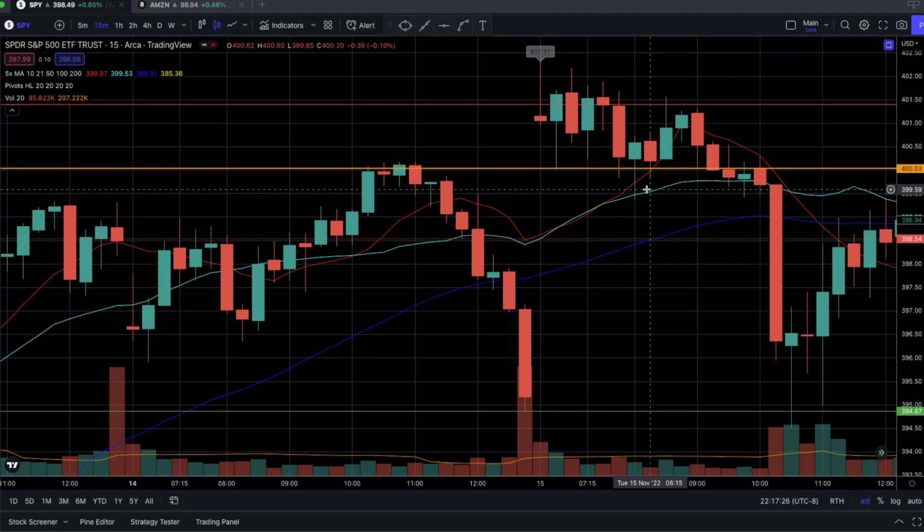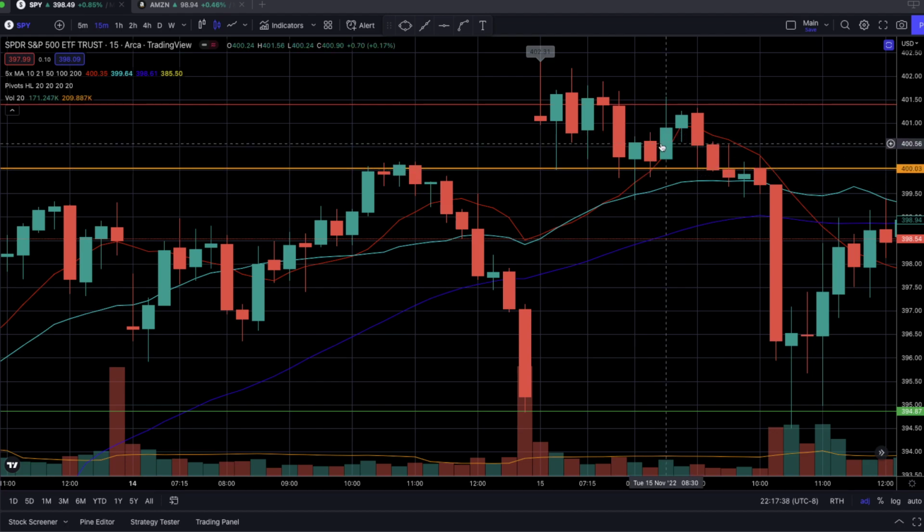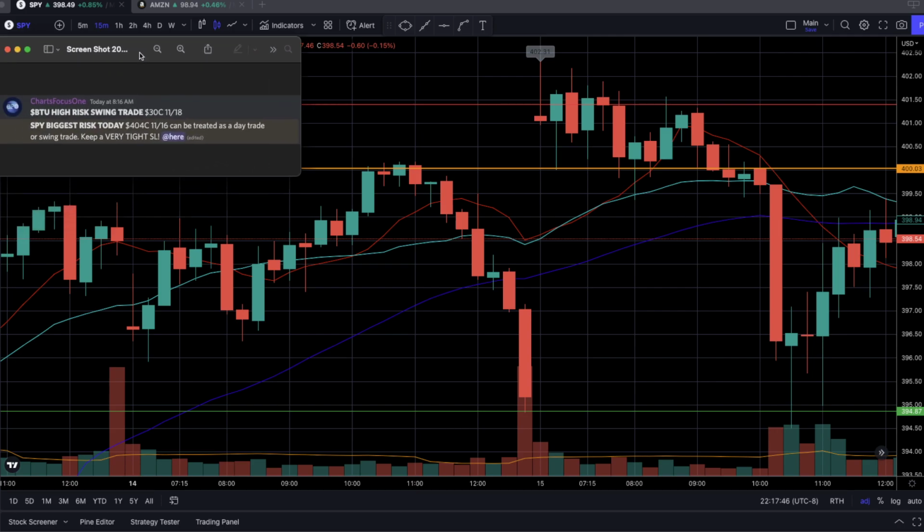And so I said, okay, this might be very high risk, but I do want to take in this small risk here to try to see if we're able to move away from 400 after retesting the $400 level multiple times since market open. And that's the reason why I got into very out the money 404 calls that expire on November 16th.